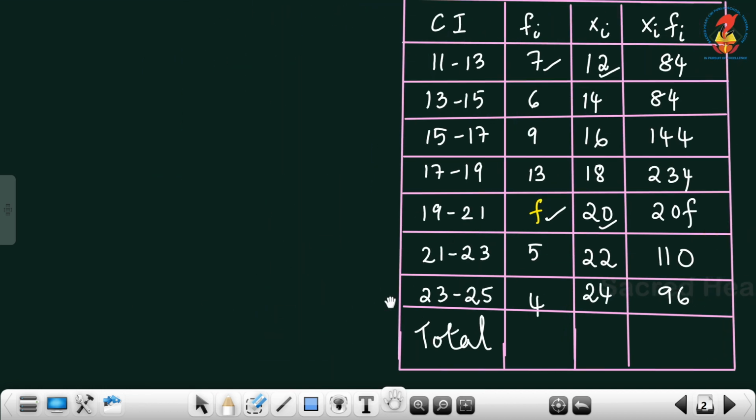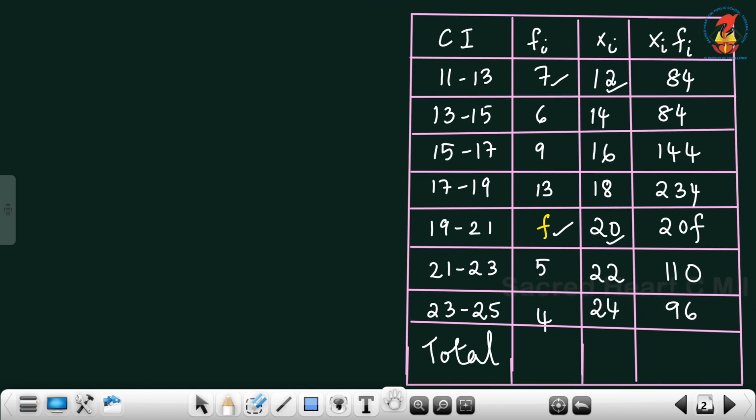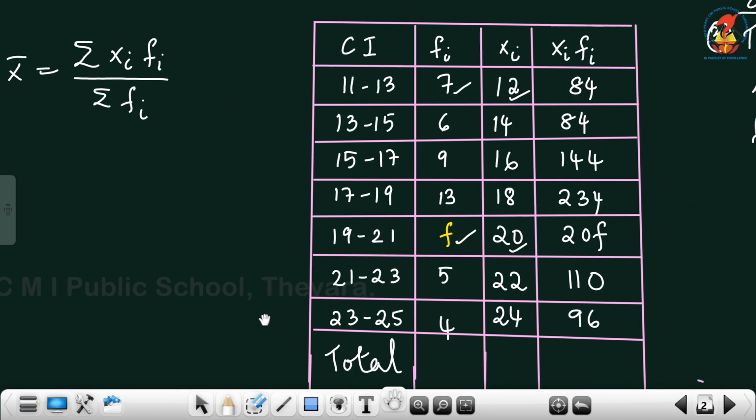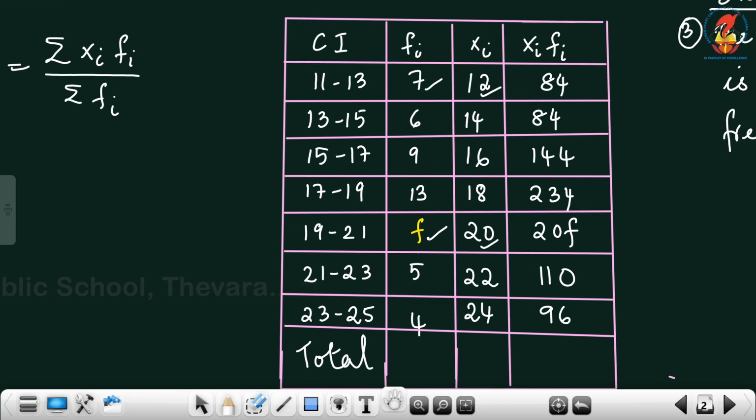Then, what was the formula to find arithmetic mean? x bar is equal to sigma xi fi by sigma fi. We should know the total frequency and we should know the total xi fi.